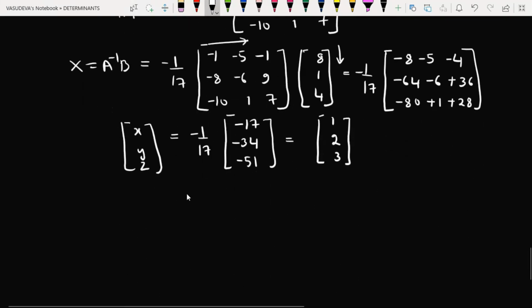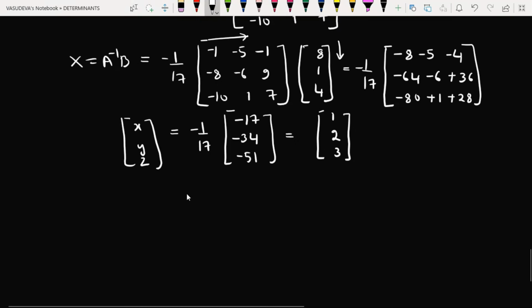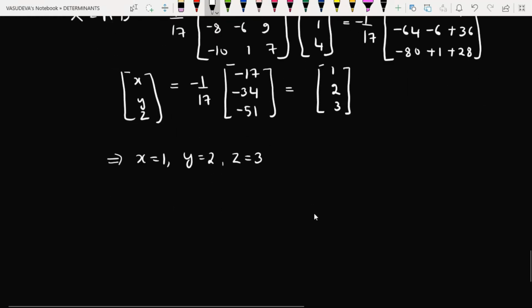We are getting, by equality of matrices, equating the corresponding elements, this implies x is equal to 1, y is equal to 2, z is equal to 3. This is how we get the values of x, y, z, that is the solution of equations by matrix method.